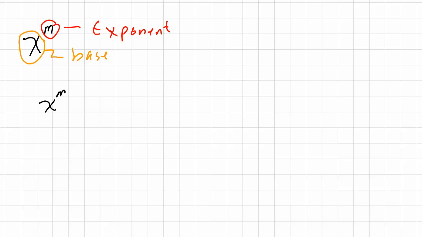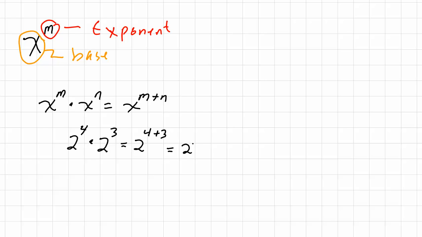So if we have x to the m and we're multiplying that by x to the n, the rule is we put the base down and we add exponents. So if we had 2 to the 4th times 2 to the 3rd, that'll be 2 to the 4 plus 3, which equals 2 to the 7th.